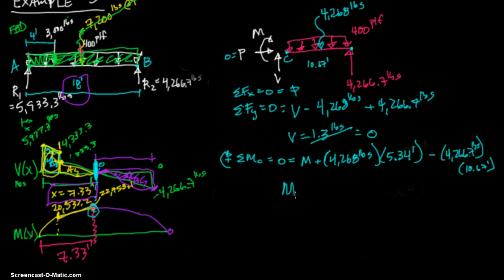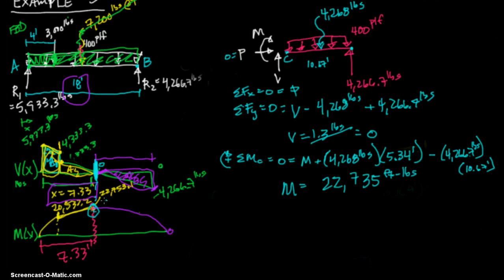And we end up getting, well, let's think. This was more negative, so it's going to be more negative, and we flop the number over here, so it's going to be a positive moment. So our assumption was correct. Well, let's just say 35 foot-pounds. Alright, 22,735 foot-pounds.